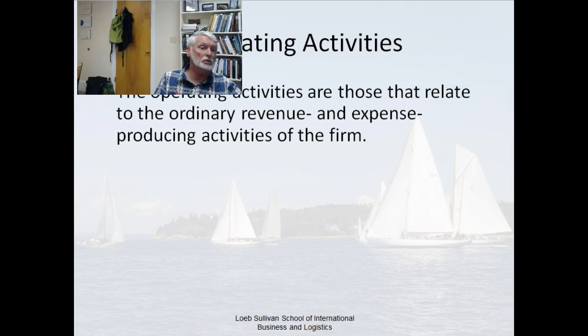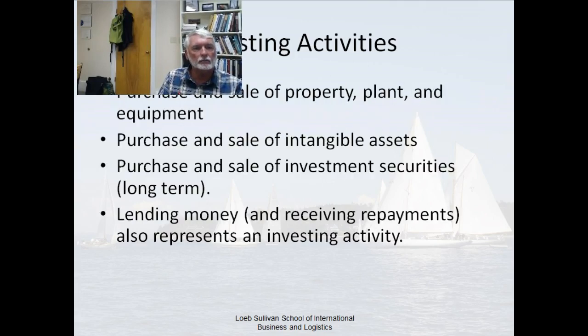Operations are the stuff we do in the normal course of business, the ways we generate revenue within our firm. Investment is long-term assets that we own, so purchase and sale of property, plant, and equipment, and/or patents and other intangible assets. Those are investing activities. Those assets are going to last longer than a year, so for accounting purposes, we consider them investments.